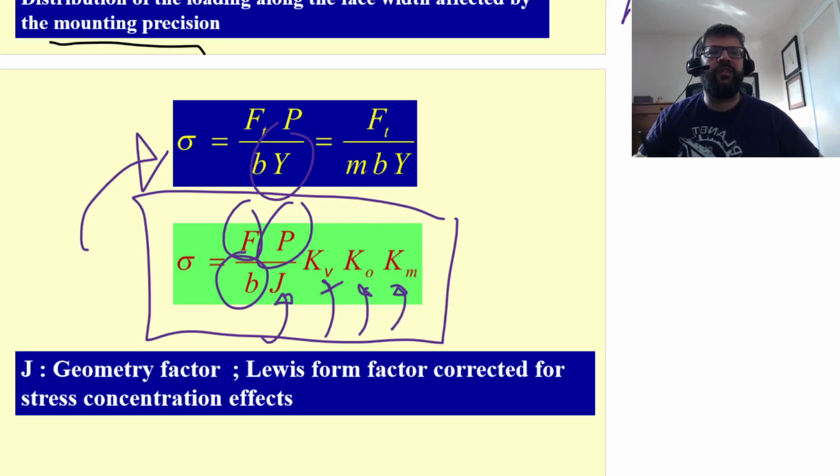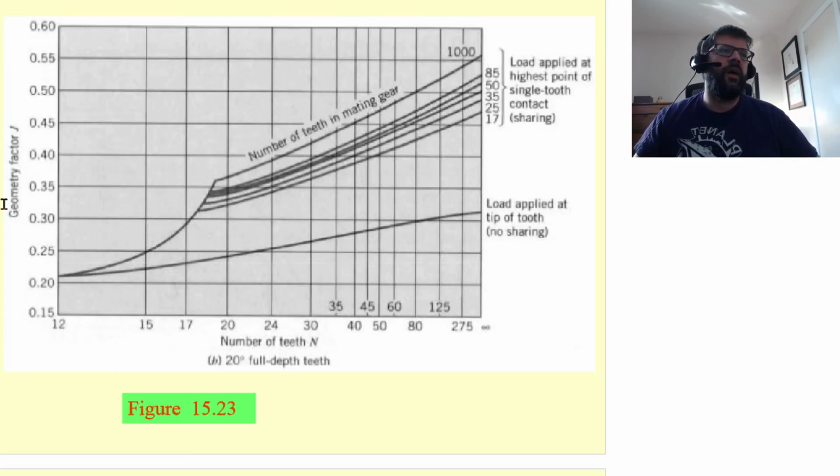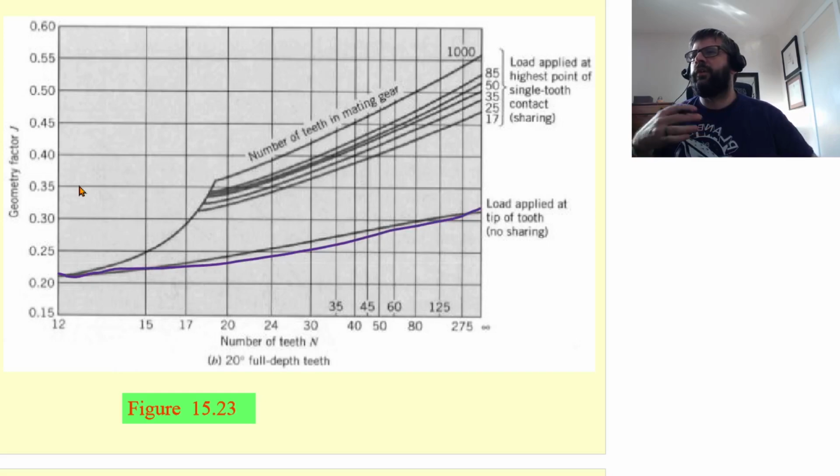So the J factor, the geometry factor, is the Lewis form factor corrected for stress concentration effects and corrected for load sharing as well. There's a line down here for if you don't have any load sharing going on.